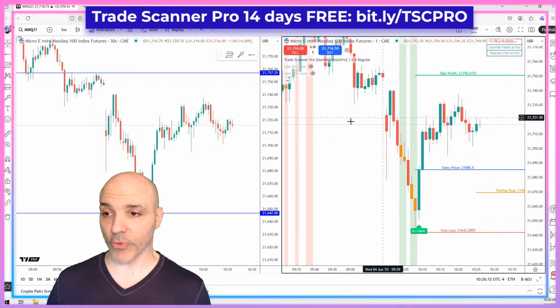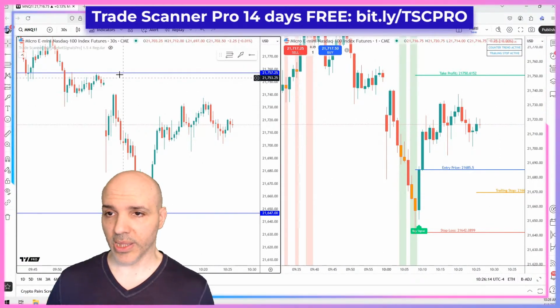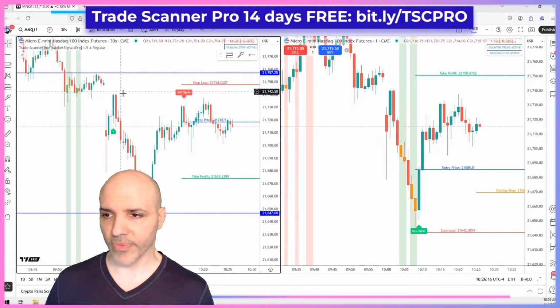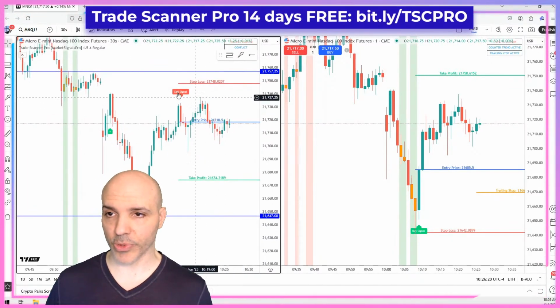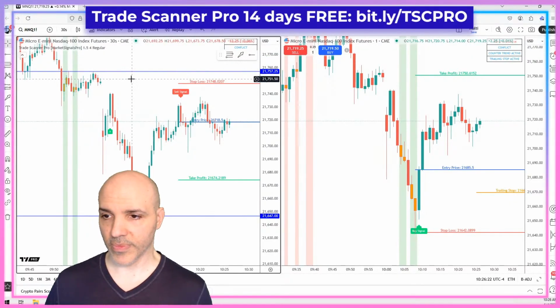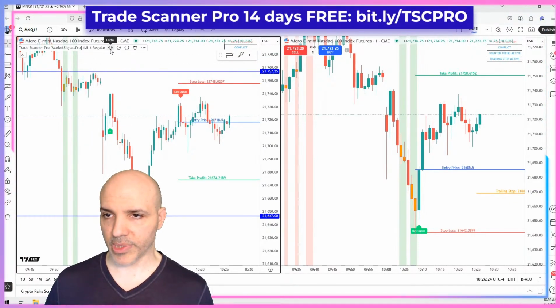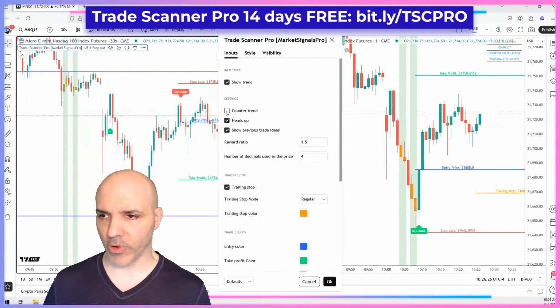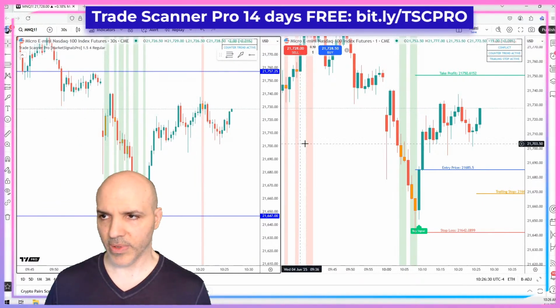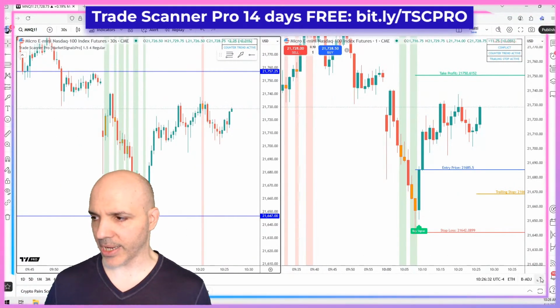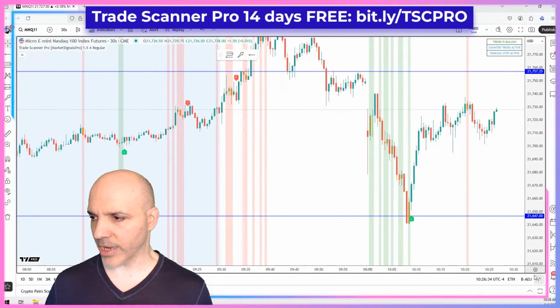But it's not giving me a re-entry opportunity. Let's see what's going on over here. This short trade is still active, interestingly enough. Let's see if I turn counter trend mode on. Is there anything there? No, there's no long trade. And this thing is back in bullish mode.